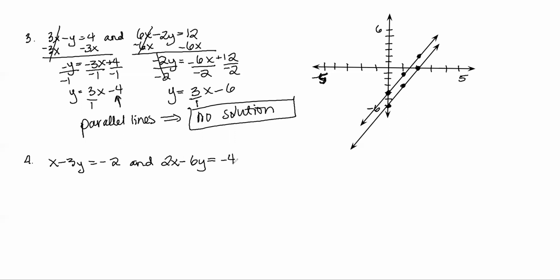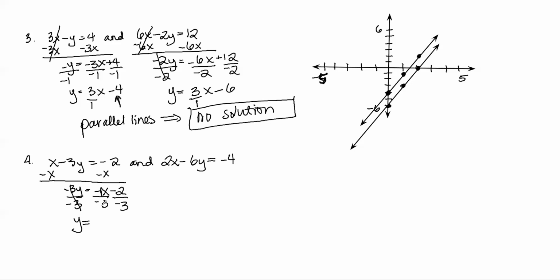So let's go ahead and solve for y on both of these. I'll subtract x. So we get negative 3y equals negative x minus 2. And divide every single term by negative 3. So we get y equals, again, be careful here, negative 1x.